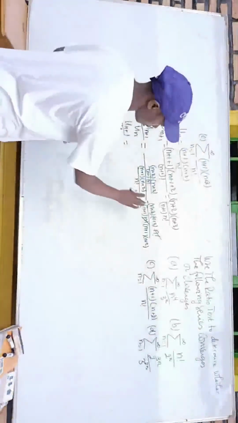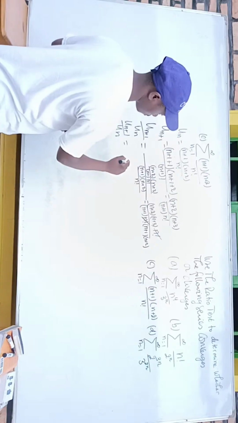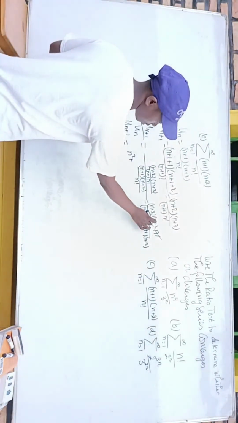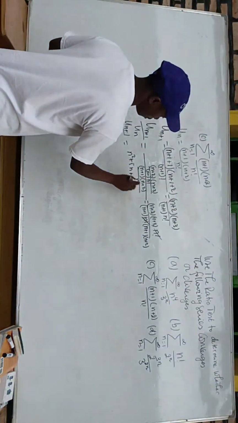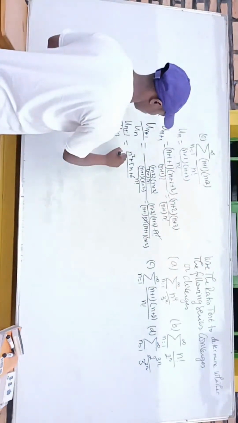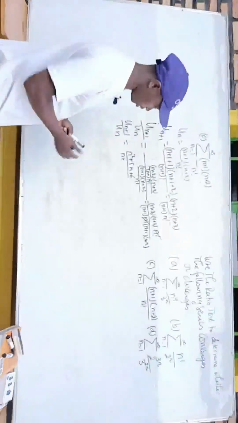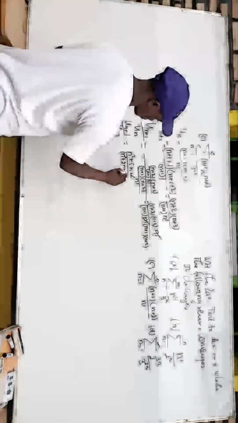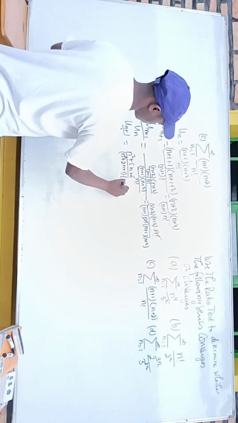Let's do this. We are going to have n squared, plus this times this, that is 3n, this times this, that is 2n, 3n plus 2n is 5n, plus this times this, that is 6, over the square of (n plus 1), that is n squared plus 2n plus 1, times n plus 2.